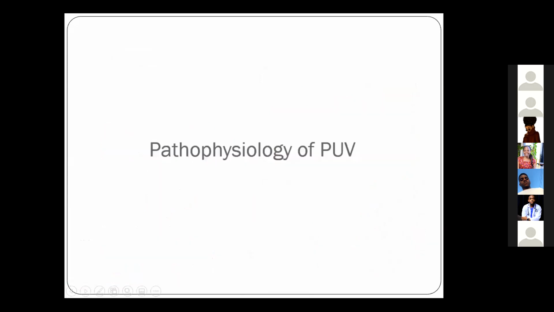When the baby gets these valves, because remember it starts in utero. So what is the pathophysiology? In other words, how do these posterior urethral valves affect the different areas of the urinary tract?